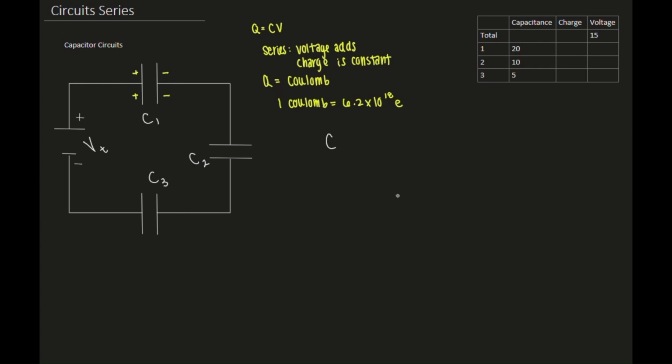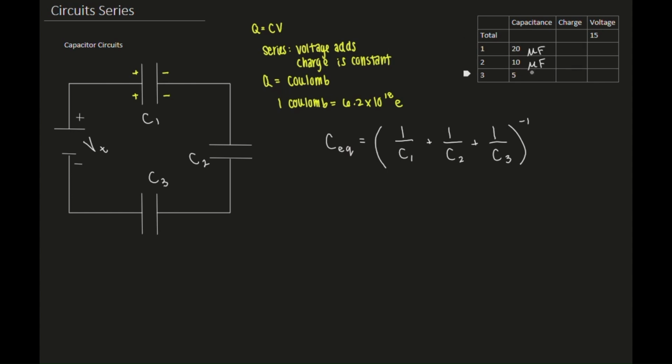So in this case, we call it the equivalent capacitance, which is equal to 1 over the capacitance of 1, plus 1 over the capacitance of 2, plus 1 over the capacitance of 3, and all of that is inverted. The units, often, not always, but in this specific instance, are going to be microfarads.